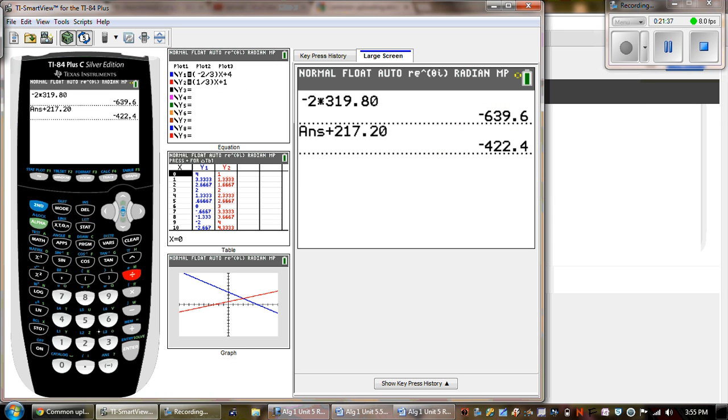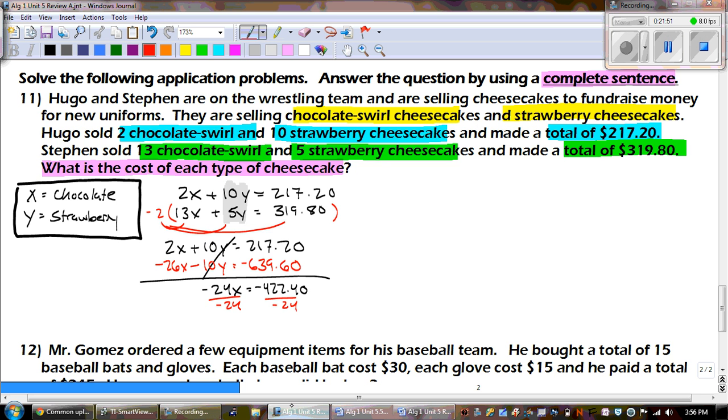And when I divide by -24, you get -17.6. Or I'm sorry, positive 17.6. And we're talking about money here. So x equals $17.60. Just because you get a decimal, don't freak out. We're talking about the cost of something.